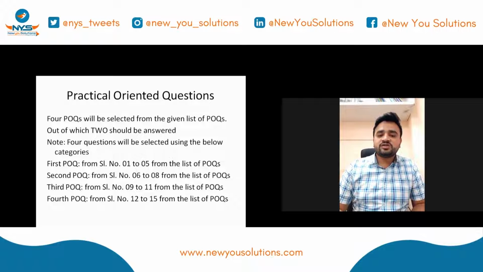So they are going to ask the first question from serial number 1 to 5, the second question from serial number 6 to 8, the third question from serial number 9 to 11, and the fourth POQ from serial number 12 to 15. So you may decide which set I can read and remember. I suggest you go with the first set compulsorily, because in the set I'll just show you now.